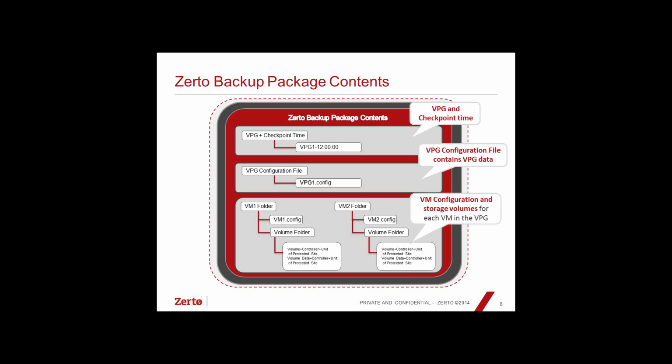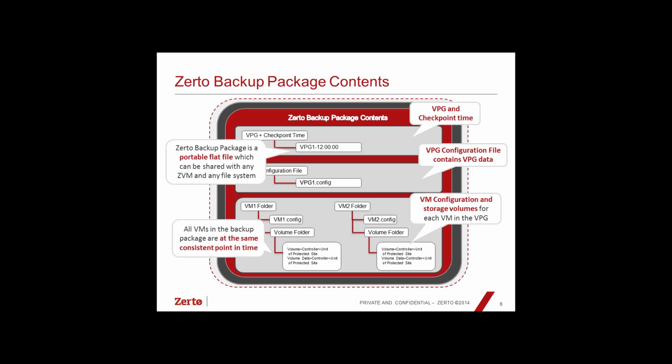But then it's also got the VPG configuration file, so it knows about the VPG, and it needs to know that metadata in order to know what VMs are in it, what their configs look like, and then the actual information about the datastore, the controller units and things, so there's a consistent point in time for all the VMs in that package. So this is a sort of microscopic level of looking inside of what the package looks like.